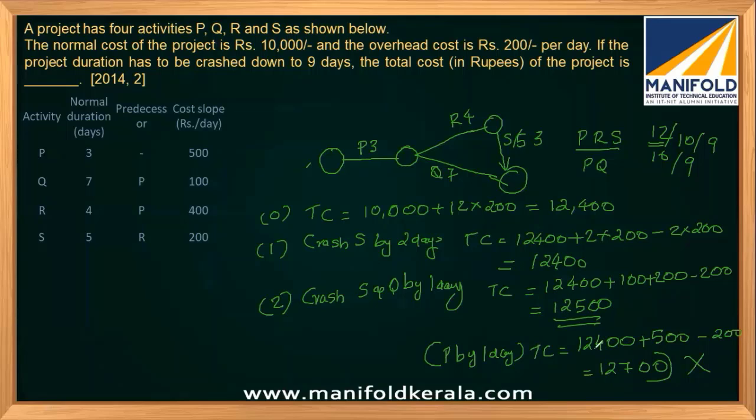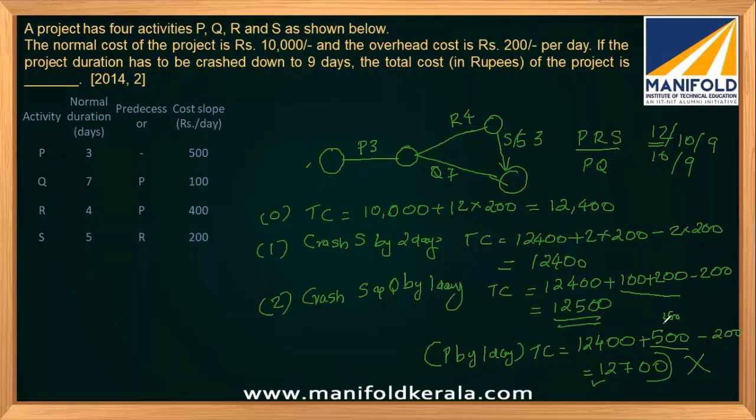But if I crash P, the additional cost for this case will be 300. It was added, and if it was only 250, you are saving 50 rupees, so you will end up with 12450. Then this will be the least one, so we have to go for this option.